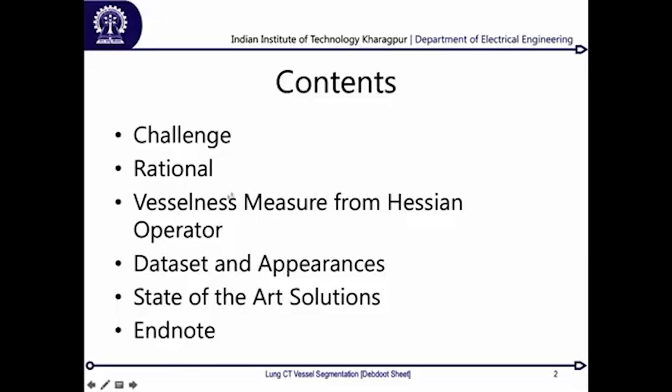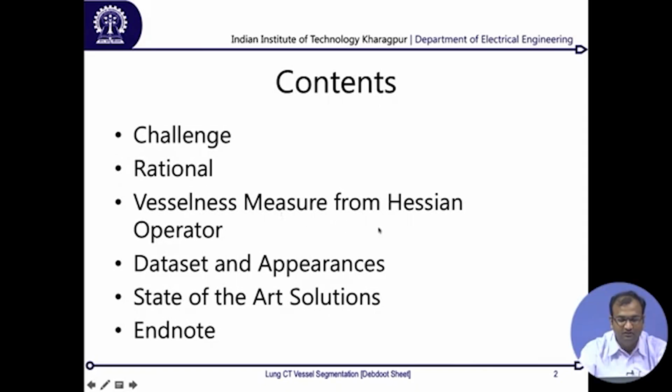From there I would enter into the clinical rationale and use of having done lung vessel segmentation. With that, I would enter into something called the vesselness measure invented by Alejandro Frangi, one of those seminal papers which gives you a clear idea about how people in the early days worked to segment out vessels in 3D.